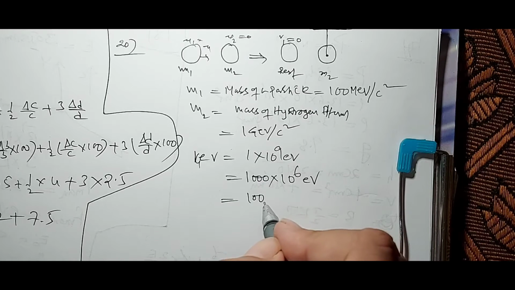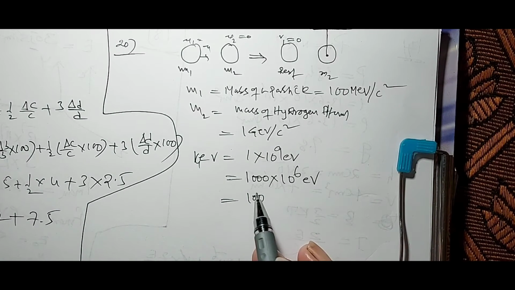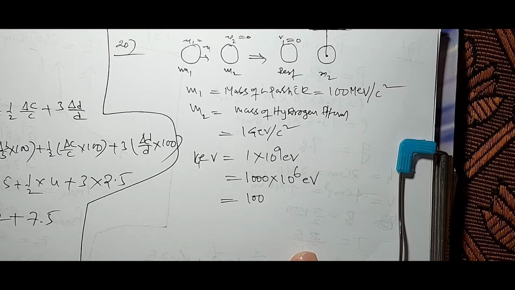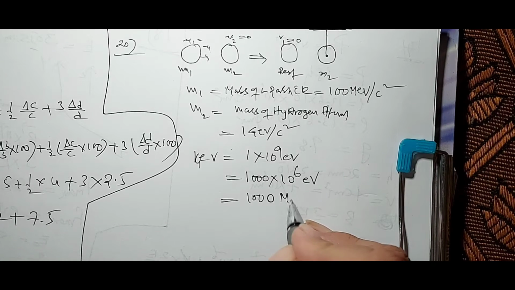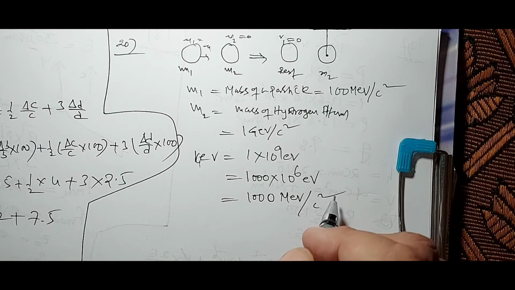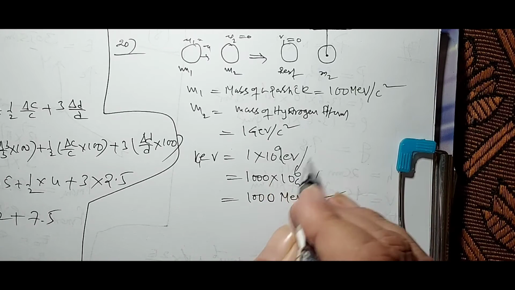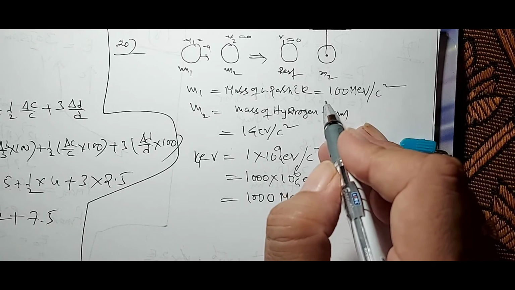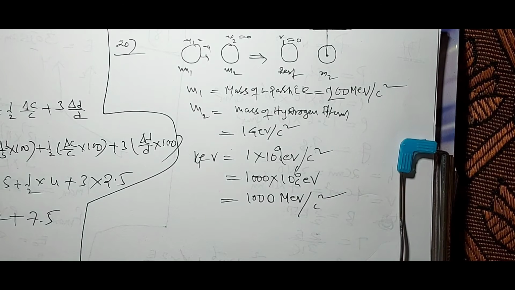Here 1000 means how much? 10 cube into 10 to the power of 6. 1000 million electron volt, 1000 million electron volt per c square. So, this is giga electron volt per c square. Here m1 they gave how much? 200 million electron volt per c square.